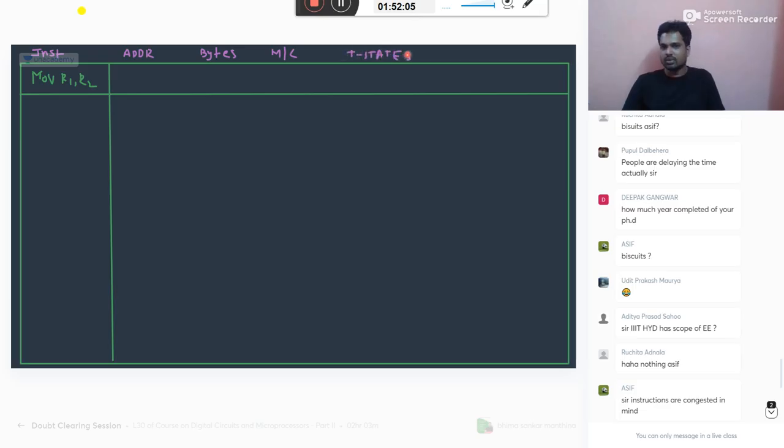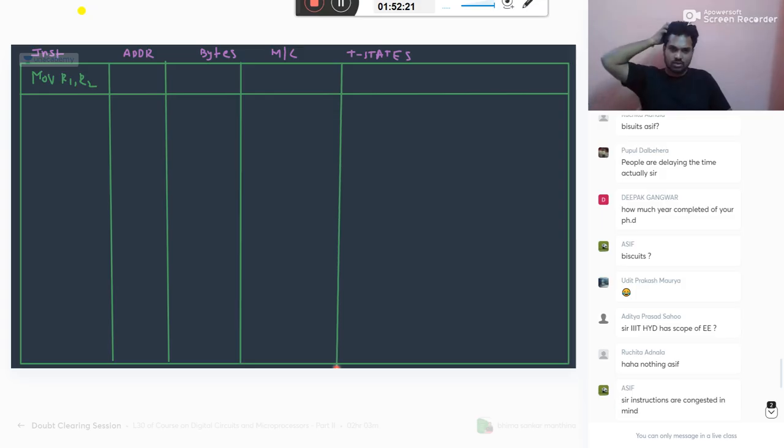Like that, let us make one table. If you say one by one, we can finish. In fact, this much size is also not required. So let me complete this table first.